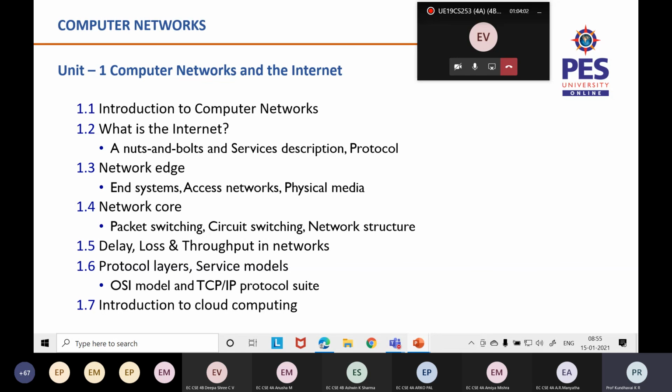But now what we are going to see in the third class starts with the core concepts. First we will start with packet switching, then move on to circuit switching, the difference between them, and then we will move on to network structure.